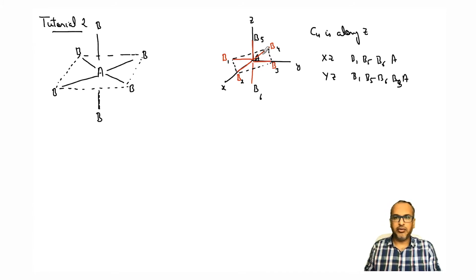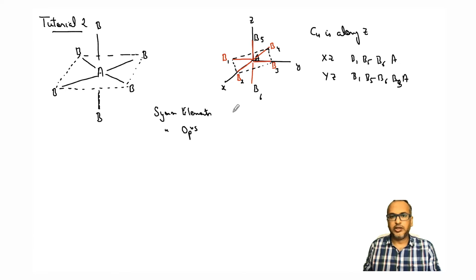And while we are at this molecule, let us also list down the symmetry elements and corresponding operations, right? So what are the symmetry elements present? The first and foremost is E, followed by C4, which is along the Z axis.